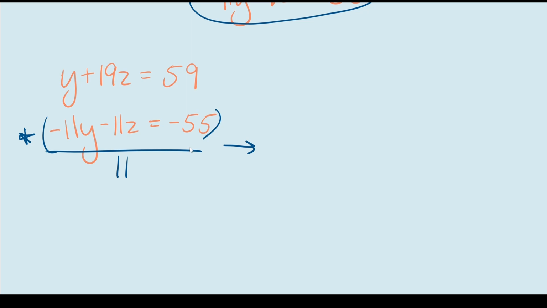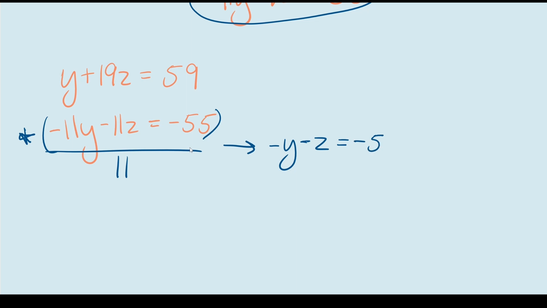So negative 11y divided by 11 is equal to negative y, because the 11's cancel out. Likewise, negative 11z divided by 11 is equal to negative z. And negative 55 divided by 11 is negative 5.